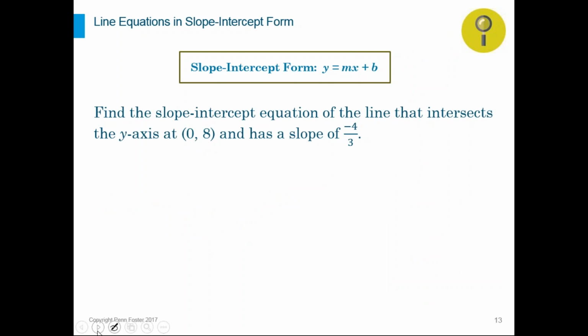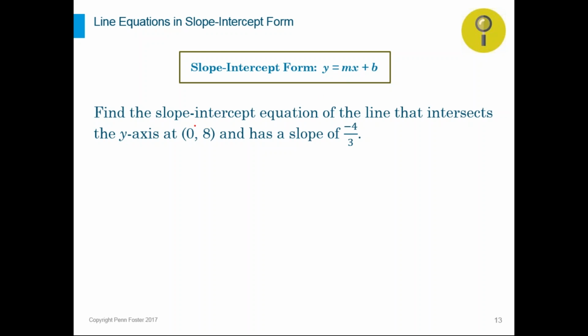Find the slope-intercept equation of the line that intersects the y-axis at (0, 8) and has a slope of -4/3. Okay, so this question actually gave us the b, which is part of our form here.